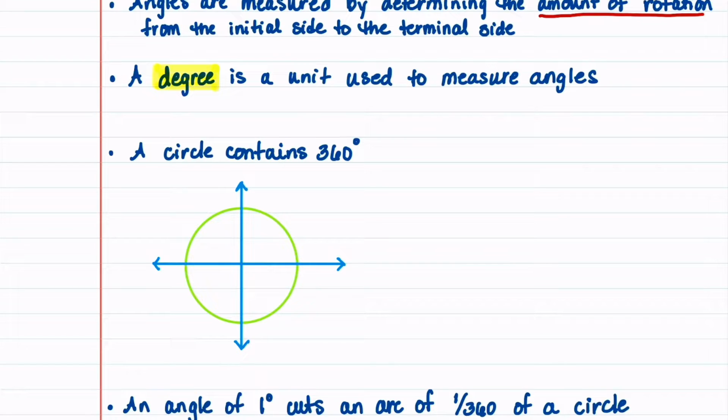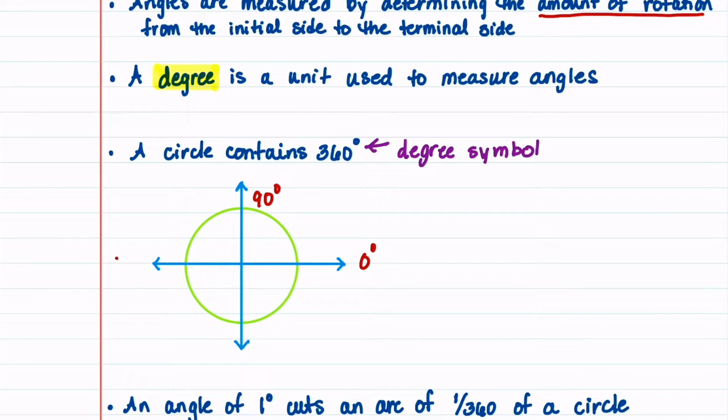Notice right here where the degree symbol is placed. The rightmost part of a circle is 0 degrees. The top is 90 degrees.